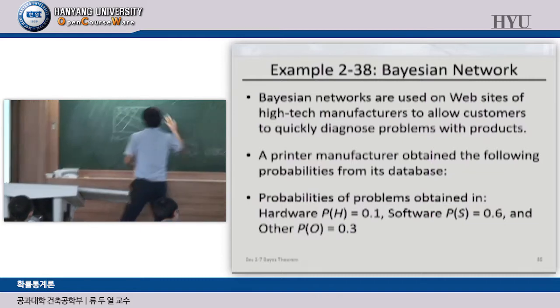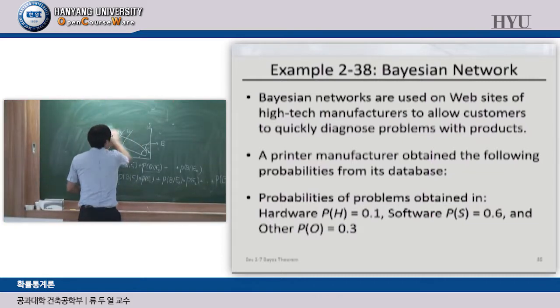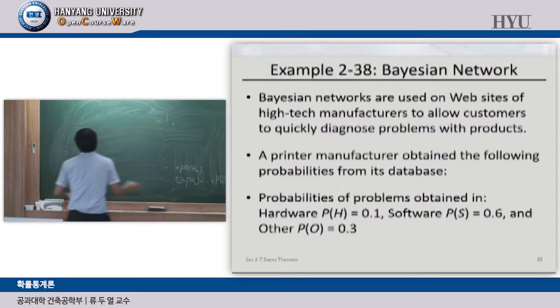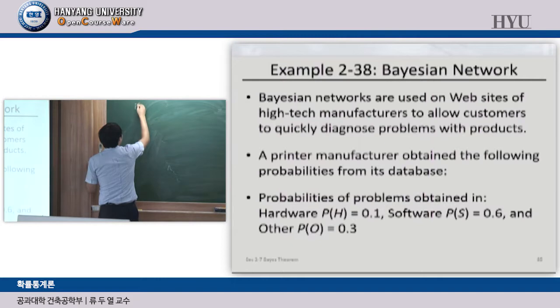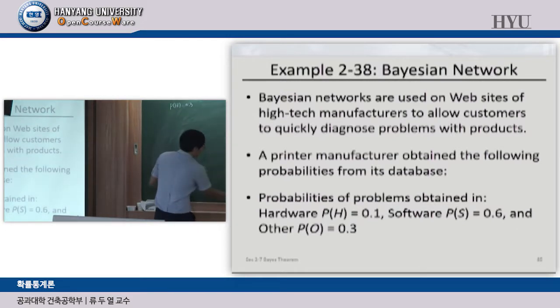So from this example, we can have these three definitions: software 0.6, hardware 0.1, and other 0.3.